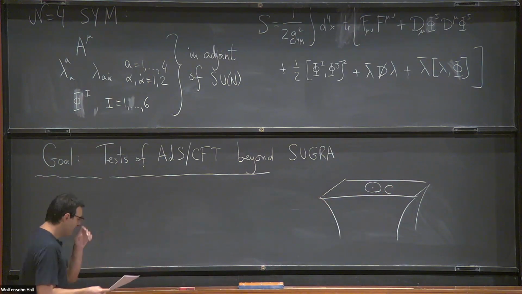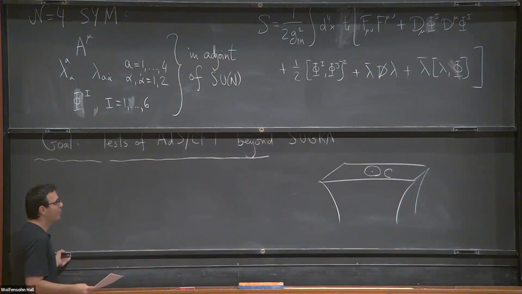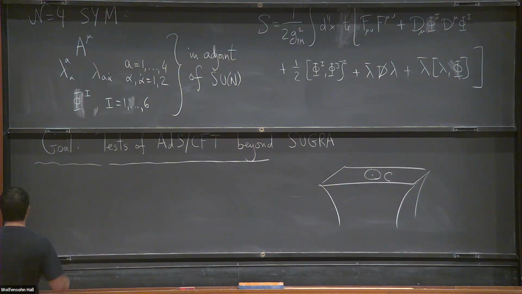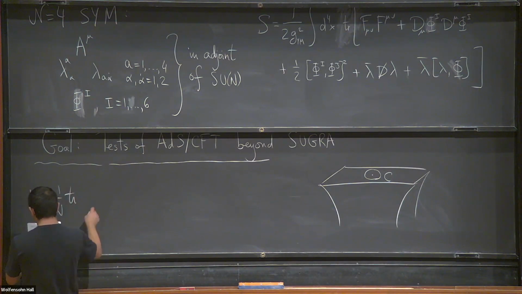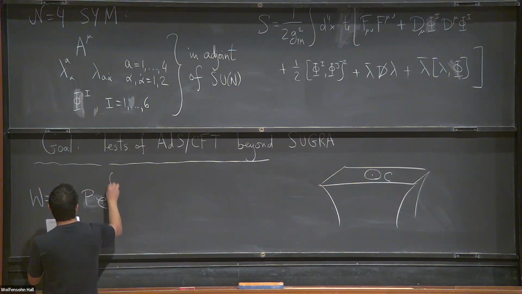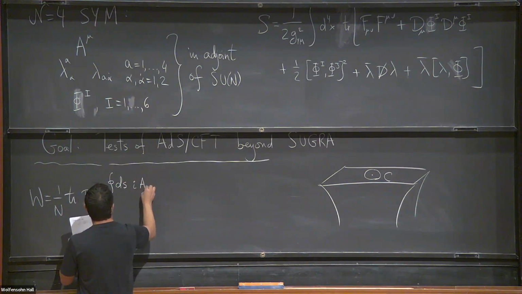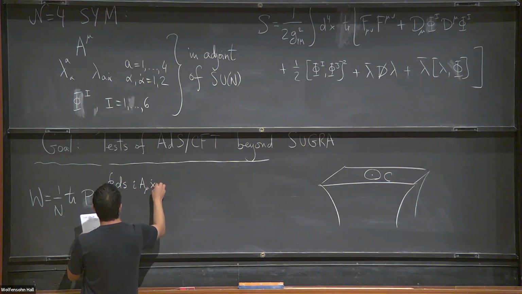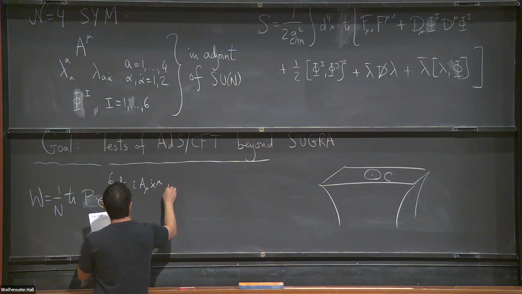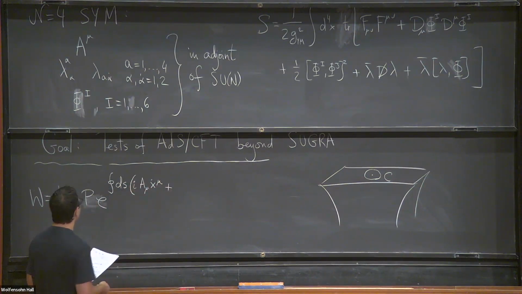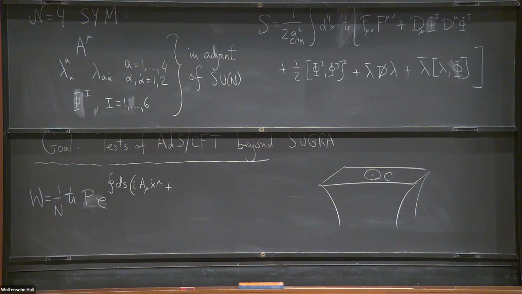I realized last time I didn't actually write down the formula for the Wilson loop, so let me write it down now. The Wilson loop operator is 1 over N trace of the path-ordered exponential of the integral ds i A_mu x-dot^mu, and the usual Wilson loop would just stop there. This is in Euclidean signature.